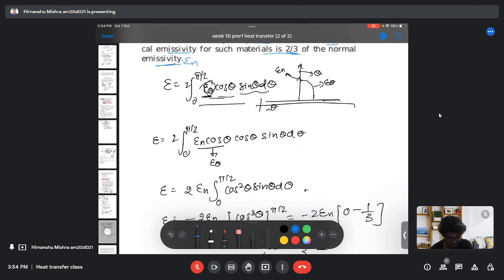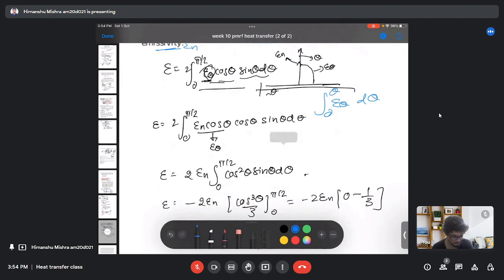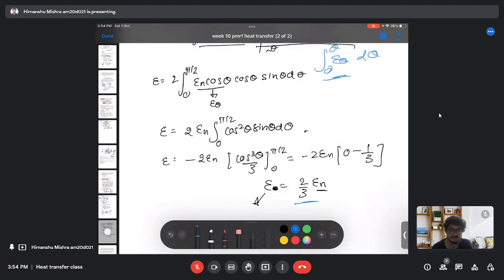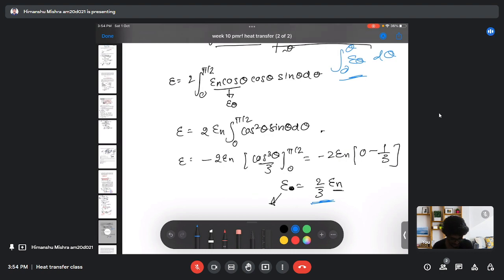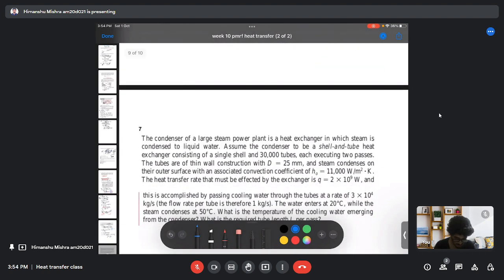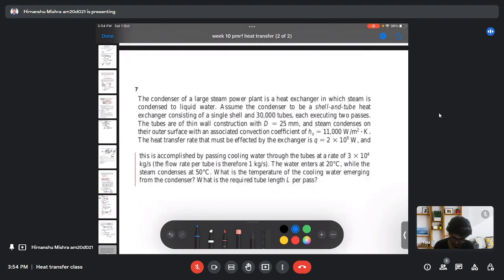We were given the directional emissivity and we integrated to find the total hemispherical emissivity, which is directional independent, and we found after integration that the total diffusive emissivity is 2/3 of the normal emissivity. It's straightforward again. So let's move to a different question.